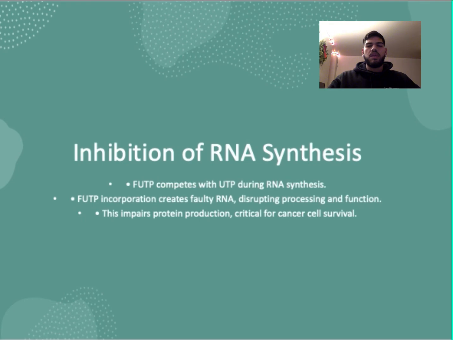But when FUTP is used instead, it creates a faulty RNA. This disrupts normal RNA processing and function, ultimately impairing protein production. For cancer cells, which are highly dependent on rapid protein synthesis, this is a significant blow.